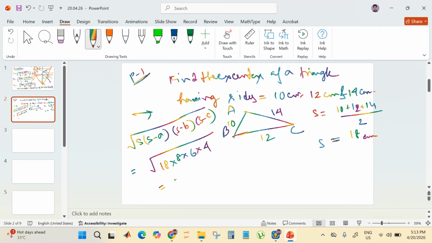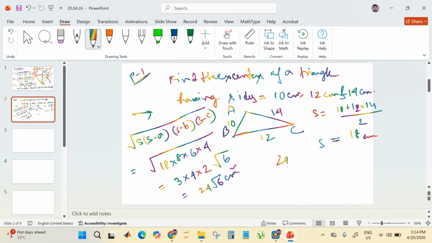From 9 you can find 3, and 8 into 2 will be 16. 16 means 4, and 4 means 2, and 6 you cannot get the root actually. You have to keep root 6. So 24 root 6 will be the area centimeter square.